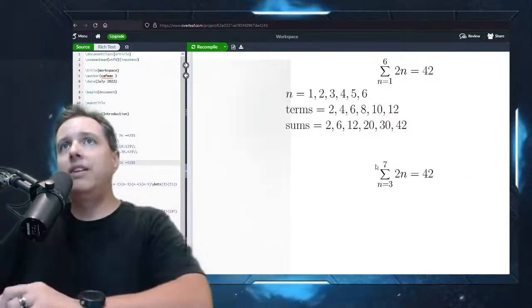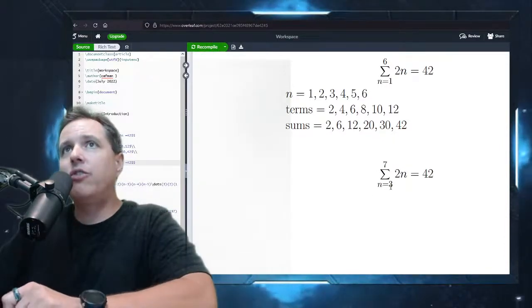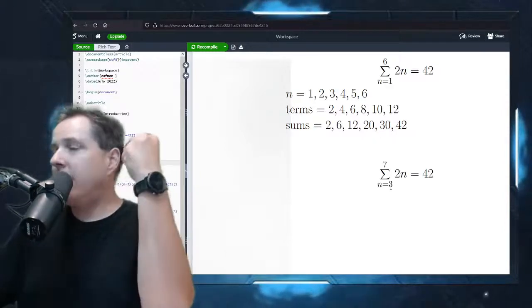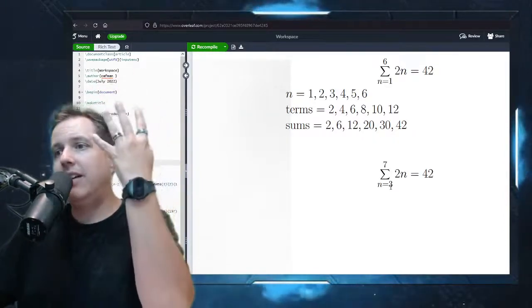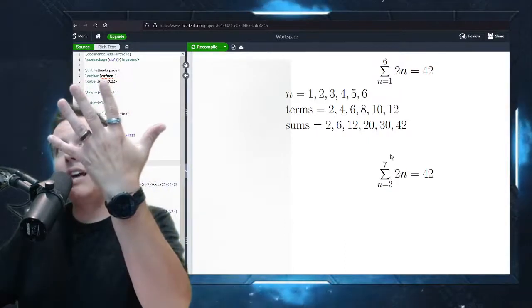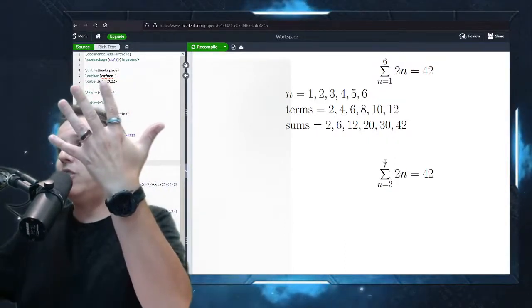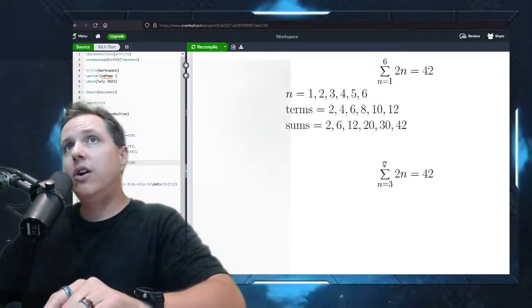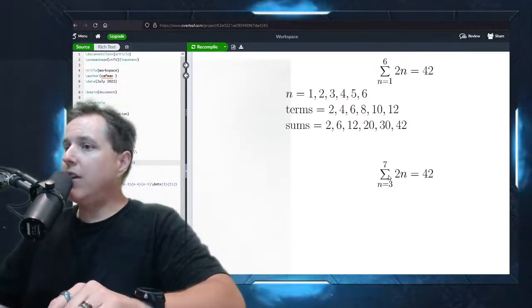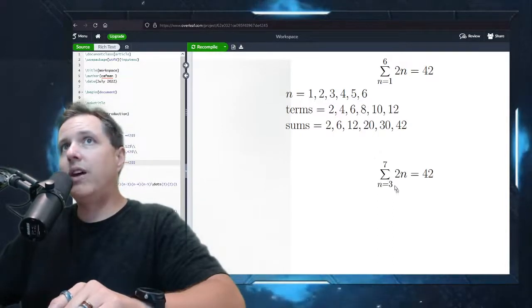So if we did one like this with sigma, our n value would start at 3, and we would plug in an n of 3, an n of 4, an n of 5, an n of 6, an n of 7. And once n is 7, we do that step, and then we stop. We don't go on to n equals 8. So the values above and below sigma tell you the start and end points of whatever letter it is that you're iterating over.